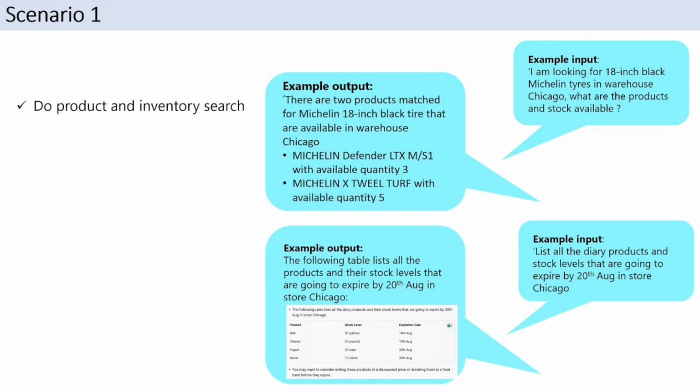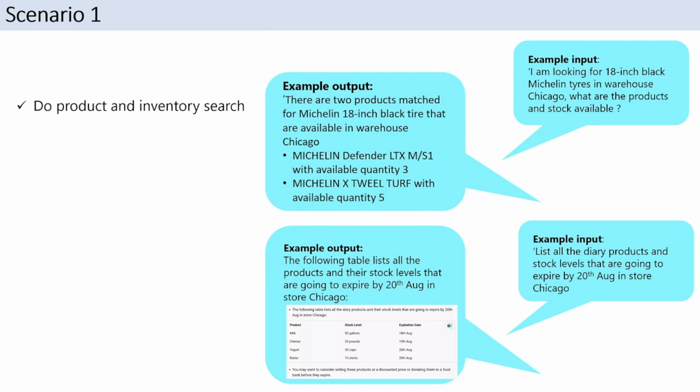This question indicates several attributes: one is the tire size, 18 inch; another attribute is the color of the tire, black; and one more attribute is the brand of the tire, Michelin. So the customer can type this natural language into the chatbot as a prompt asking the Copilot, and the Copilot will understand this natural language and call the backend service for the attribute-based product search together with the inventory search.